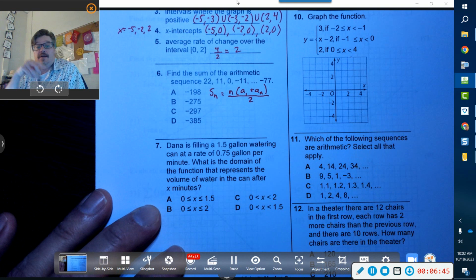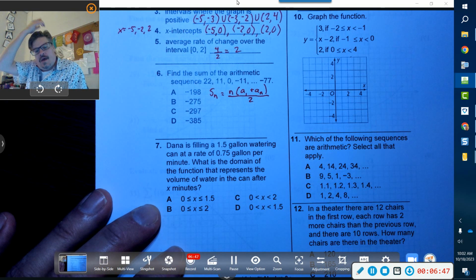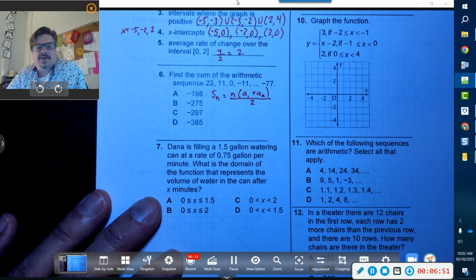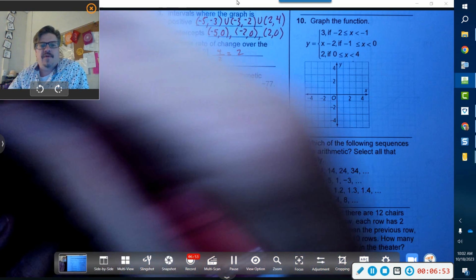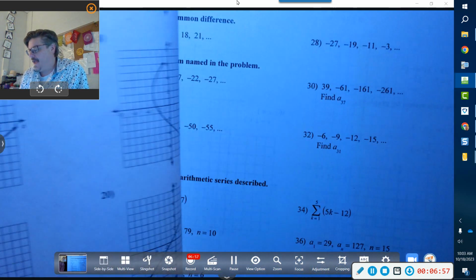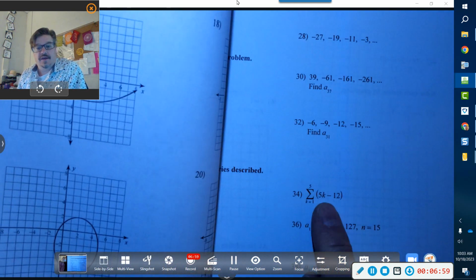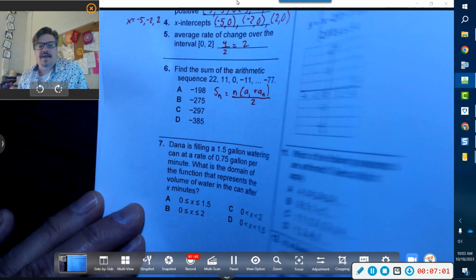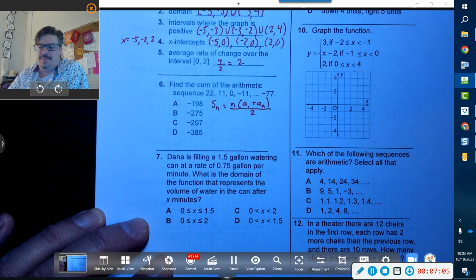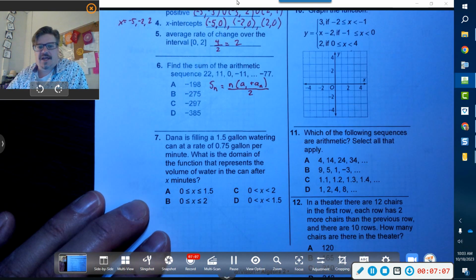That's how I do the sum. You could use sigma notation. It's a little trickier. I would recommend going with this. Sigma notation is only for when you actually have sigma notation. Otherwise, for this, you're going to have to develop a rule. You can, but that's more of a pre-calc topic.